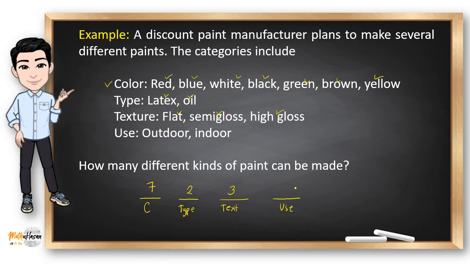And for the use, outdoor and indoor, that's 2. So multiplying these numbers, that's 7 times 2 times 3 times 2. The answer would be 84. So there are 84 ways, or actually 84 options. These are the different combinations wherein you could choose a particular type of paint for your house.